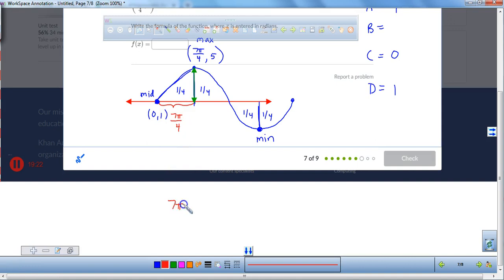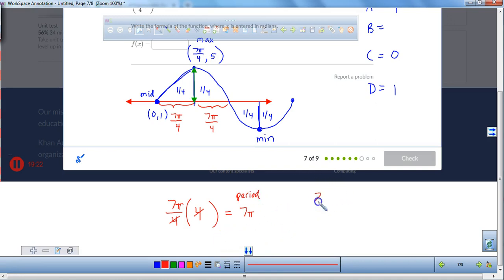So I have to take 7 pi over 4, and I've got to multiply it by the number 4. Because each one of these sections right here, if I labeled them all, would be 7 pi over 4 units. Here, here, here, and there. So we got to multiply it by 4, and that will give us the length of the period. So what happens? These 4's cancel out, and we're left with 7 pi. Now 7 pi is not our B value, but that is the length of our period.